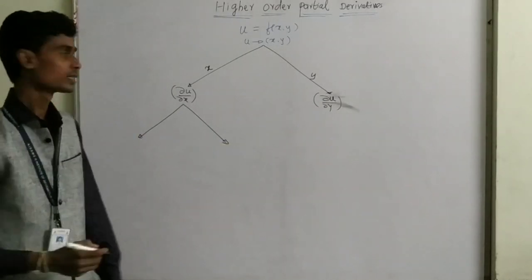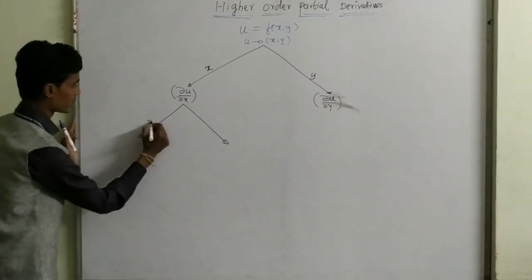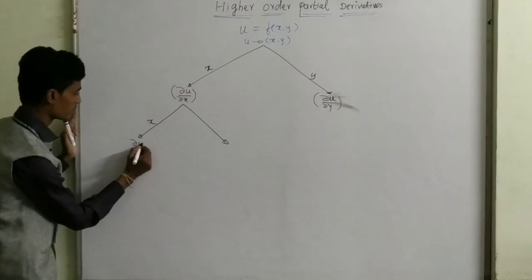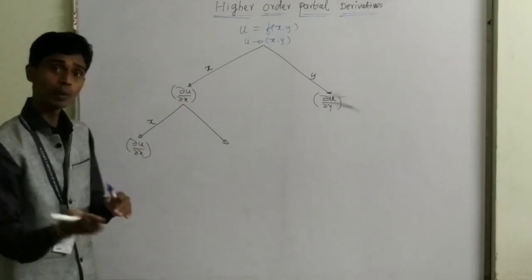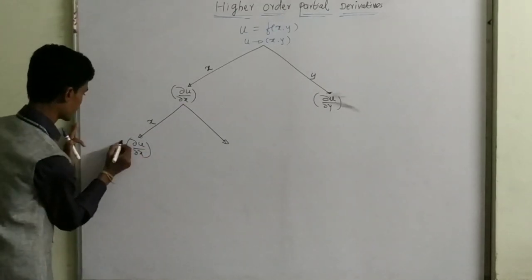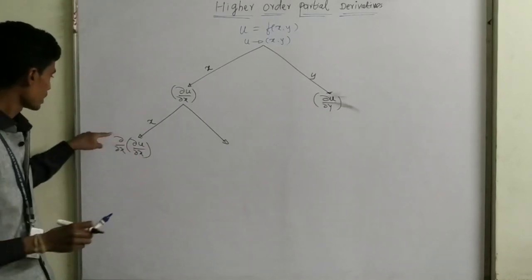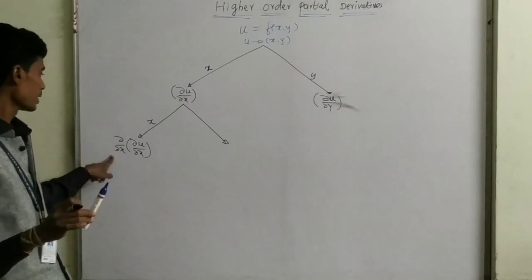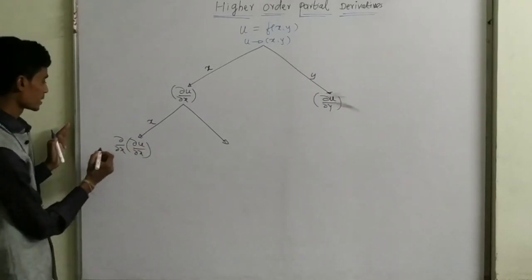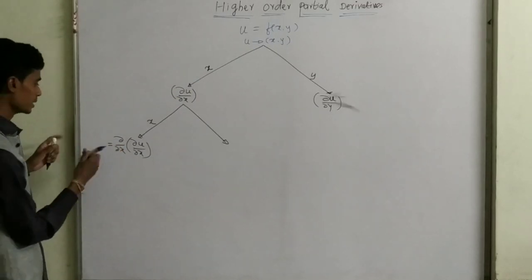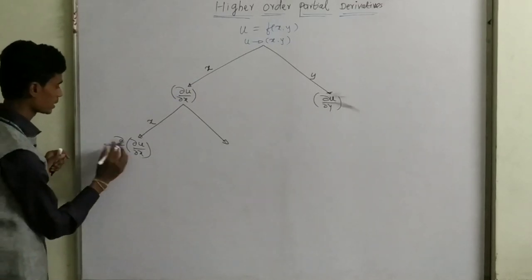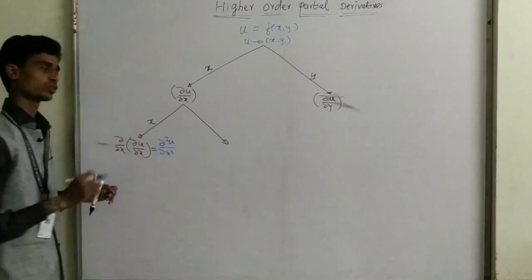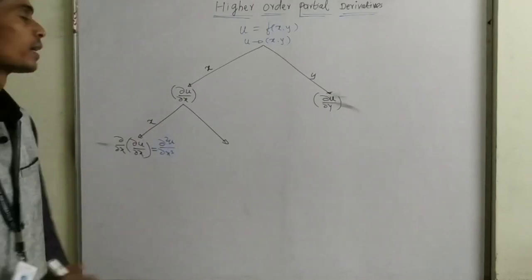Very important thing, keep in mind: we differentiate ∂u/∂x partially with respect to x, which means ∂/∂x of ∂u/∂x. We can write this simply as ∂²u/∂x², like this, ∂²u/∂x².